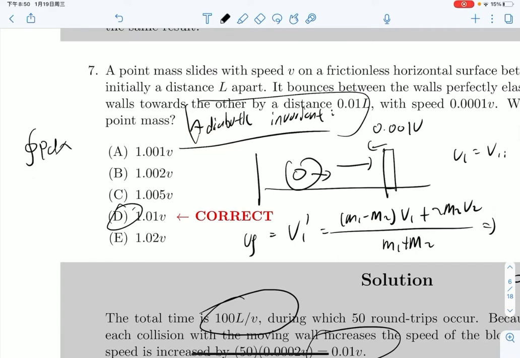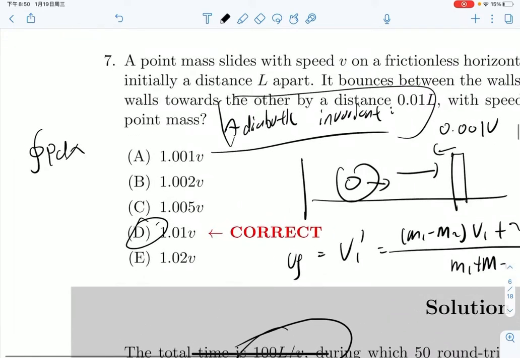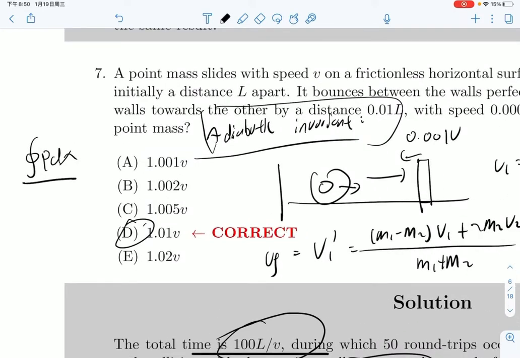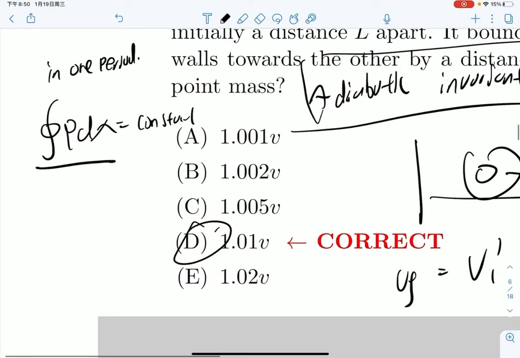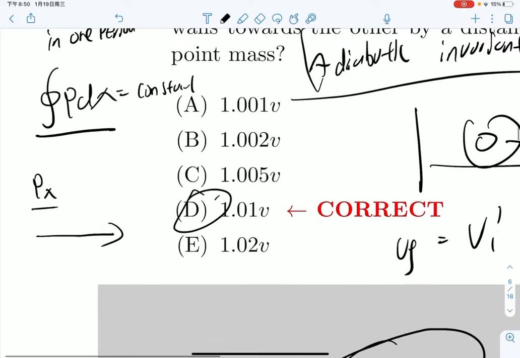Basically, if you take the integral of this in one period, this term is equal to a constant. So what does that mean? You need to define the px direction. When it is going in the positive direction, px is positive, and when it's going in the negative direction, it is negative.